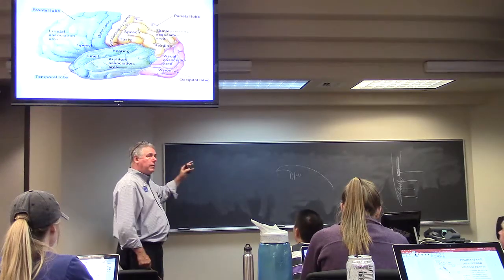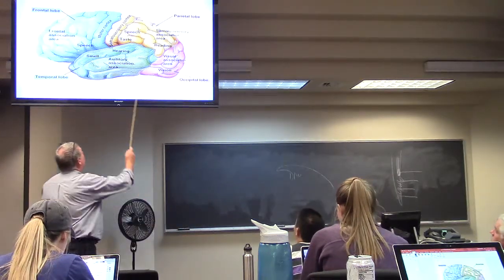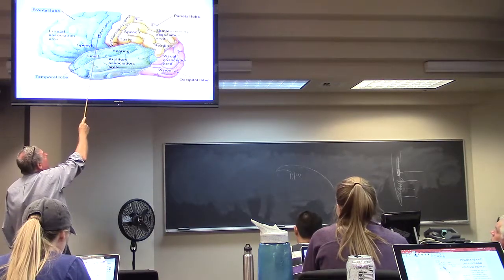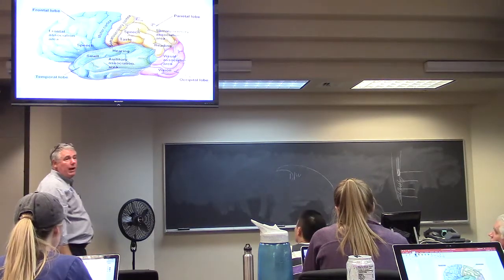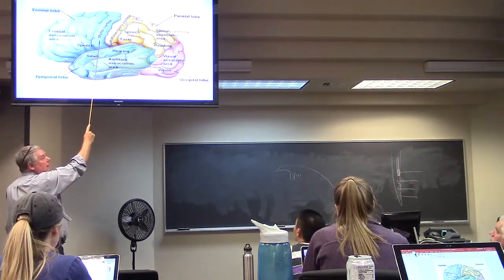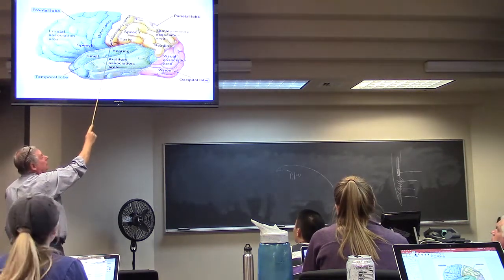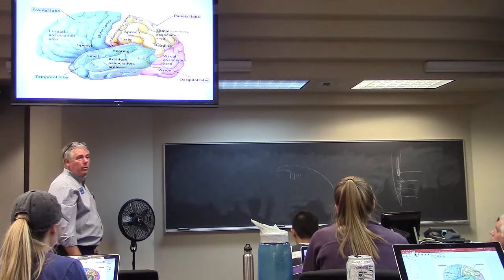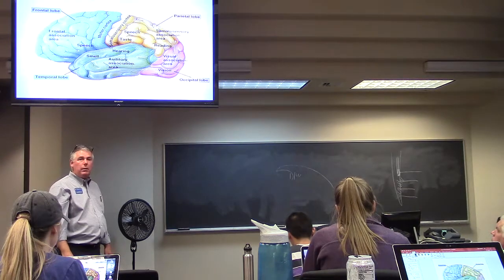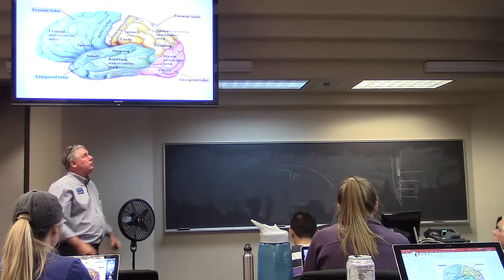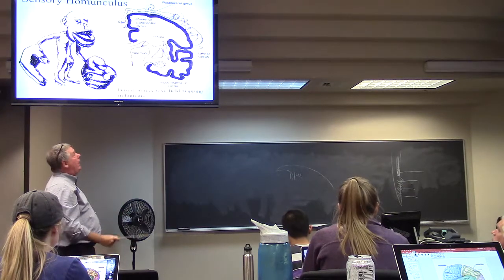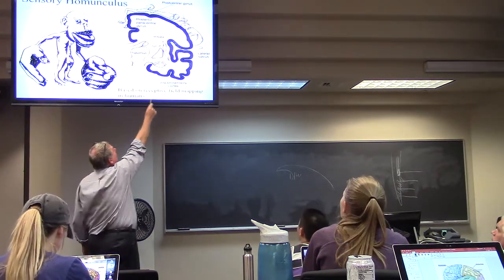If we look at the brain, there's a sulcus that runs right down through the middle here. In front of it is called the precentral gyrus, or the primary motor strip, or motor cortex. Behind that central sulcus is area 3-1-4, the primary sensory strip. Your body is represented on that sensory strip, and it looks like that.